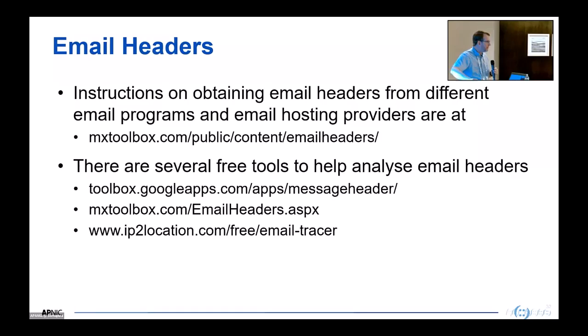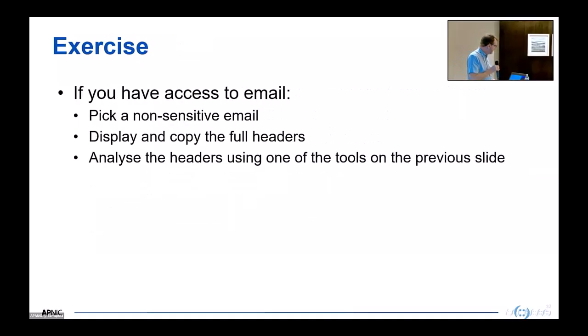This will walk you through it. The web interfaces are usually straightforward, but they're not usually visible by the users because it doesn't have any useful information to a user. It's more for the IT people. But yeah, this website tells you how to access them. Copy and paste it into any of these websites, and it will analyze them for you.